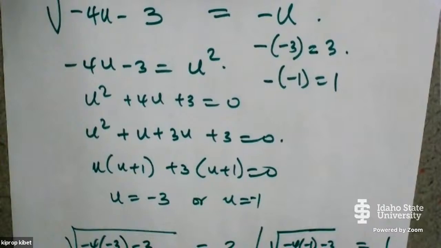What are the two numbers? It has to be 1 and 3. 1 times 3 is 3, and 1 plus 3 is 4. So you bring them here: u squared plus u plus 3u, which is 4u, plus 3 equals 0. All right, I just had it backwards.